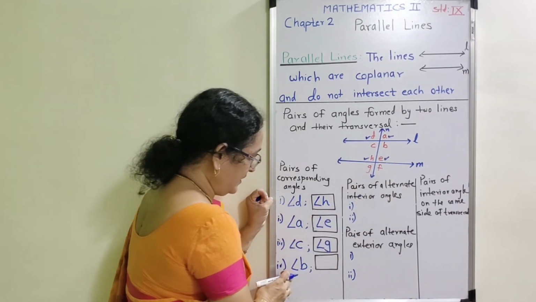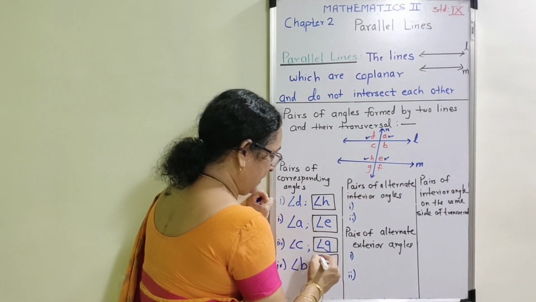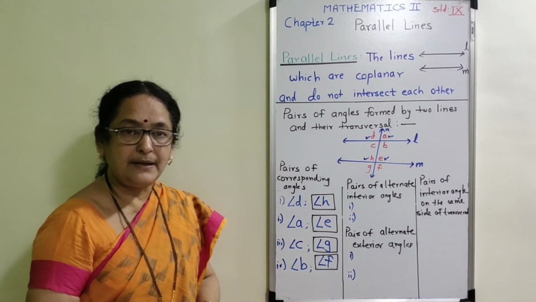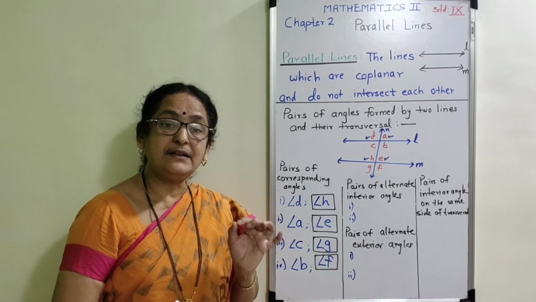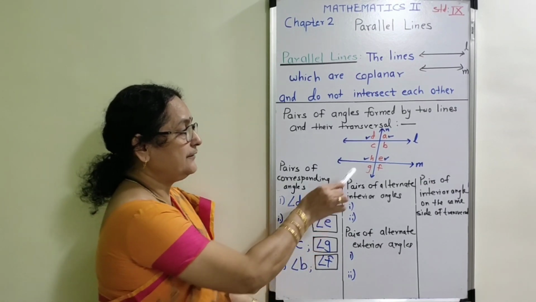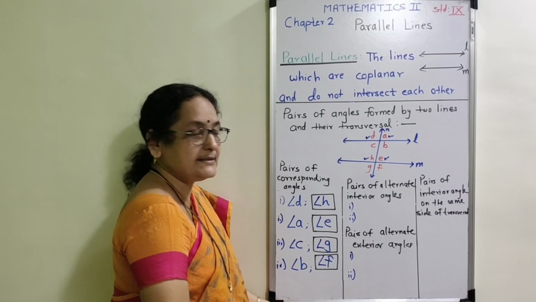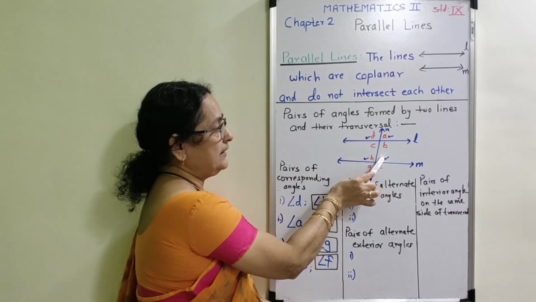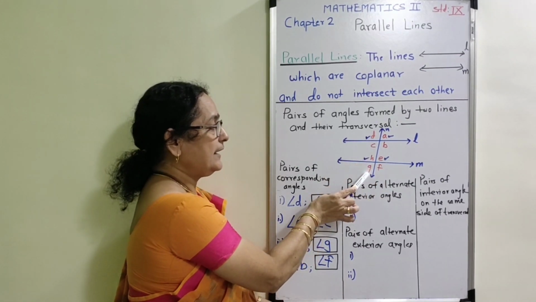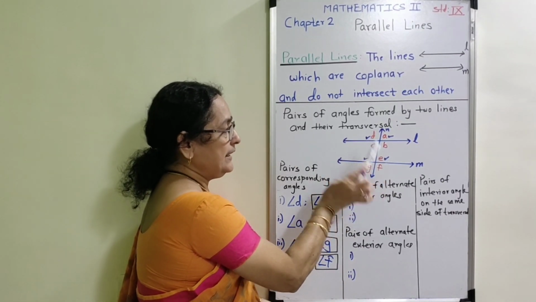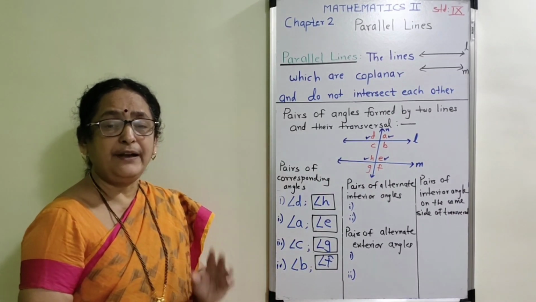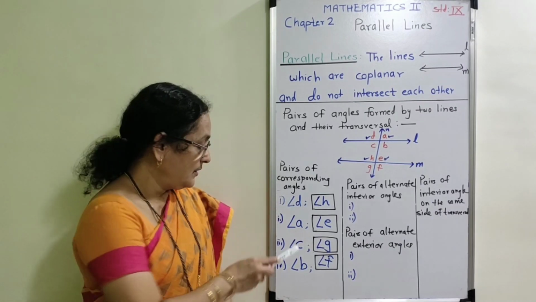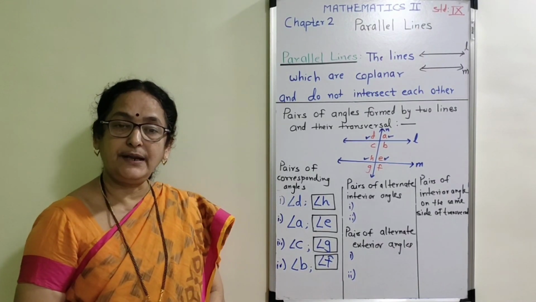Similarly, angle B and angle F is the fourth pair of corresponding angles. Simple meaning, the angles at the same position of the given transversal and the given lines: angle D, angle H, angle A, angle E, angle C, angle G, angle B, angle F. Therefore, when two lines and their transversal are given, there are four pairs of corresponding angles.